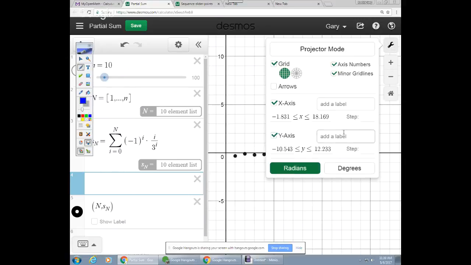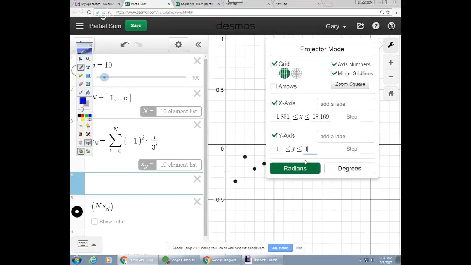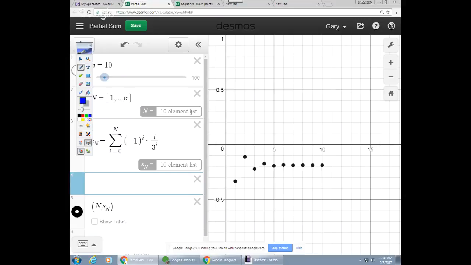So let's zoom in on this y-axis. Let's go from -1 to 1, maybe. All right, because that first term, which is the biggest one, is negative, everything else is going to be negative thereafter, because this is shrinking so fast. And we're zooming in on that limit pretty quickly.